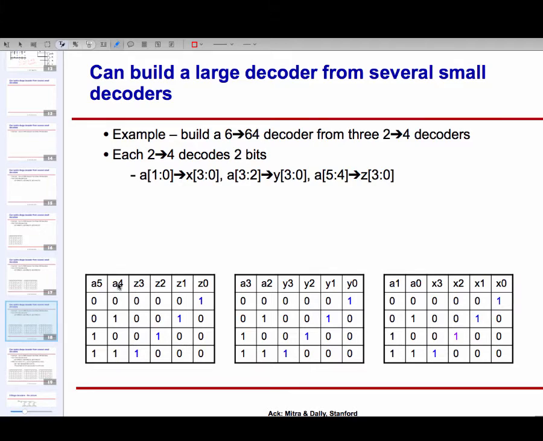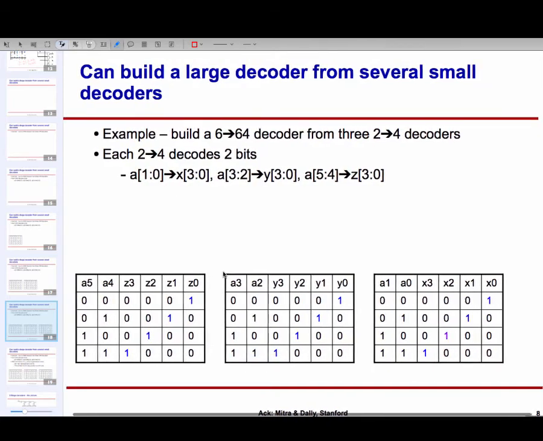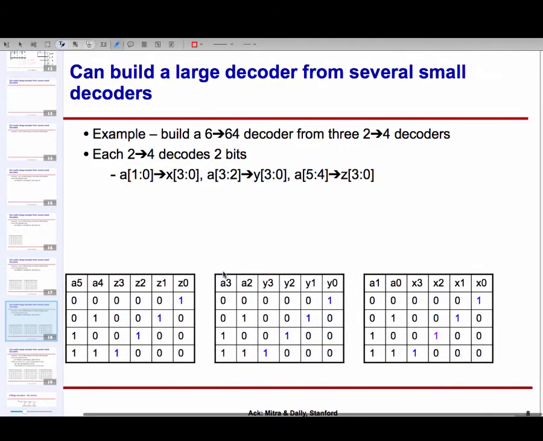But remember, what I want to create is something which takes 6 bits of A and produces 64 bits on the output. What I have though are pairs of A's which have been mapped into these 4-bit sequences. Now, so question then becomes, is there a strategy I can generate those 64 bits out of what these intermediate things I have, X, Y, and Z, which are 4-bit each? So let's see how to do that.